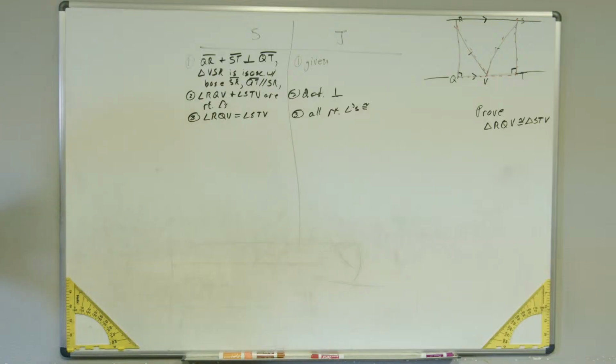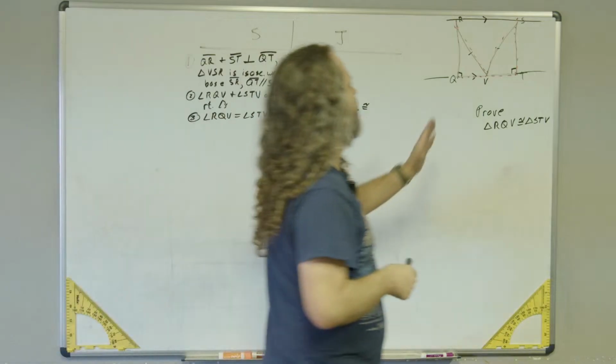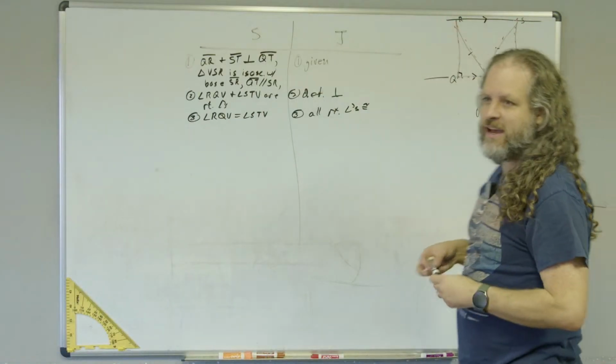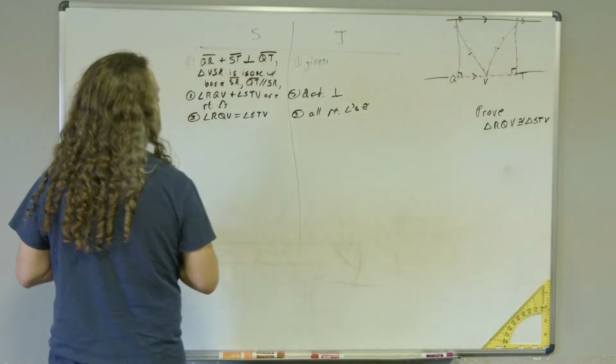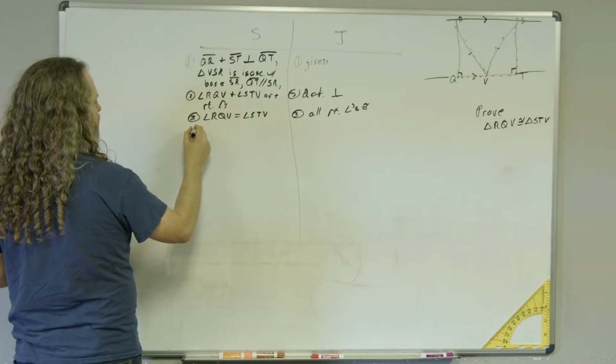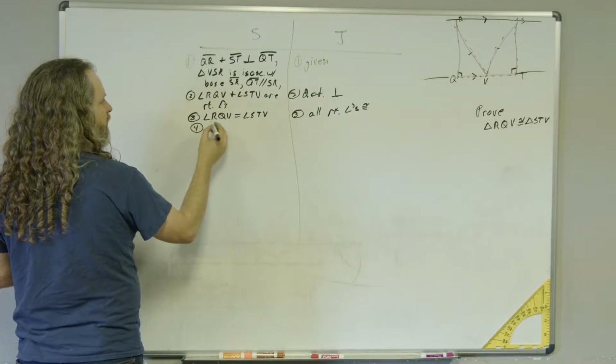Since it is isosceles, what can we say about those sides? I marked it, but we should go ahead and say that, right? Not RQ. That's a different triangle, right? RV is congruent to SV. We can go ahead and say that because it's isosceles. You're going back to the given, which is good. That's a perfect thing to think through.